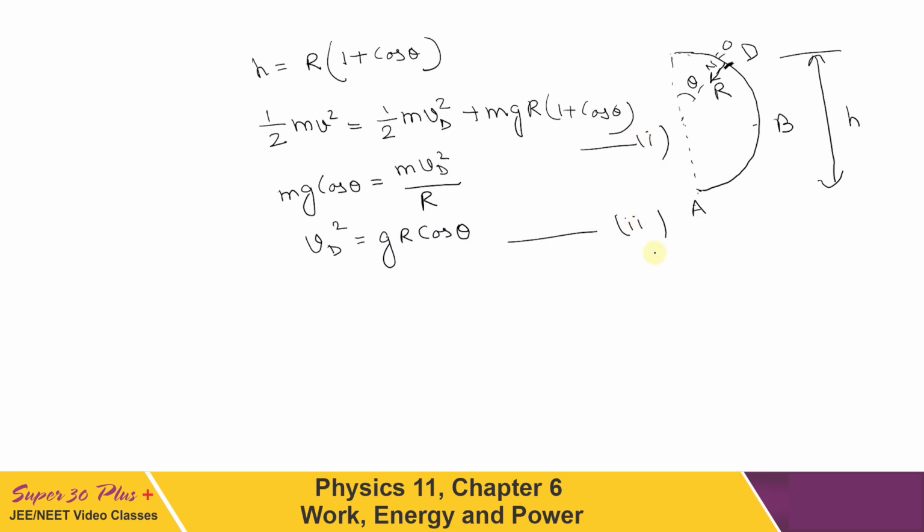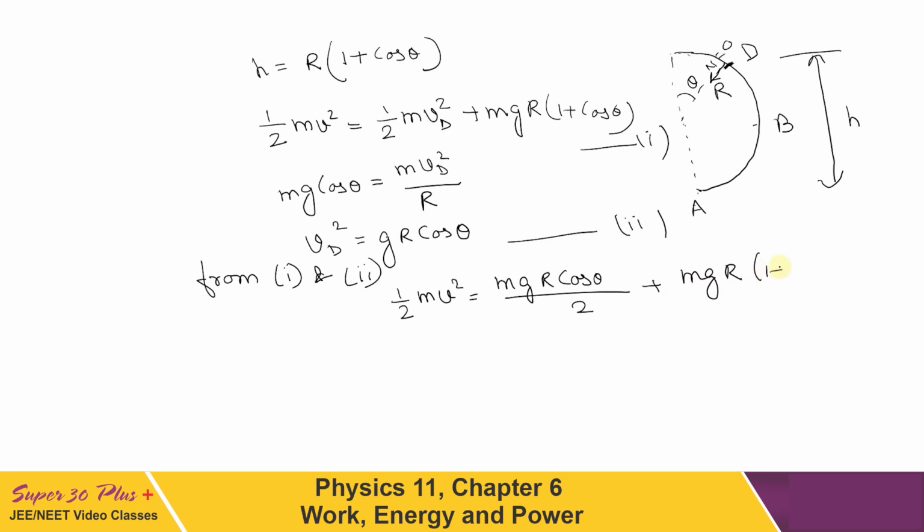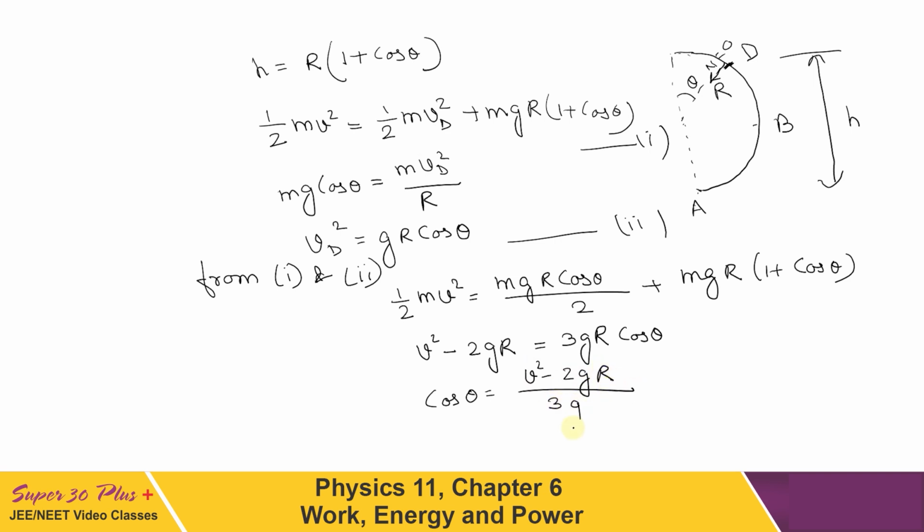Then from these two equations 1 and 2 we can write half mv square is equal to mgr cos theta upon 2 plus mgr(1 plus cos theta). So v square minus 2gr is equal to 3gr cos theta. From here we got the value of cos theta to be equal to (v square minus 2gr) upon 3gr.